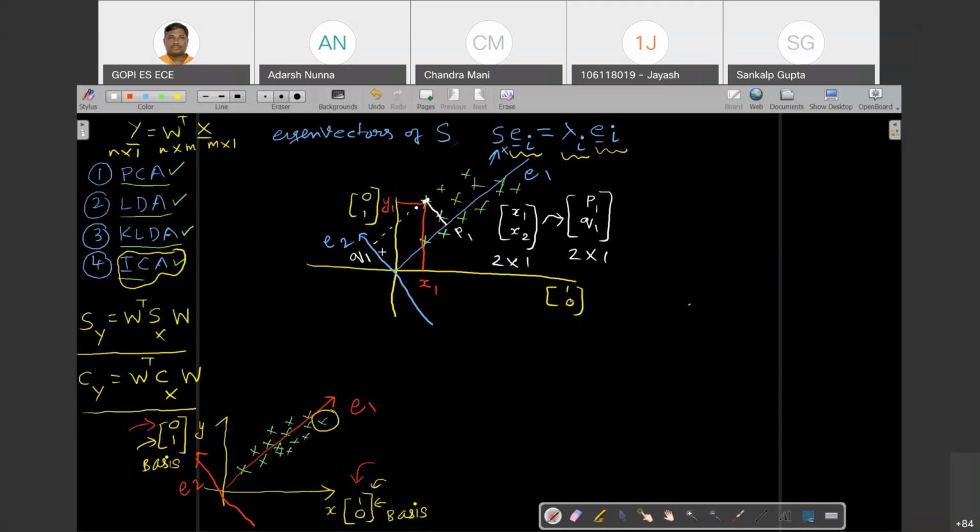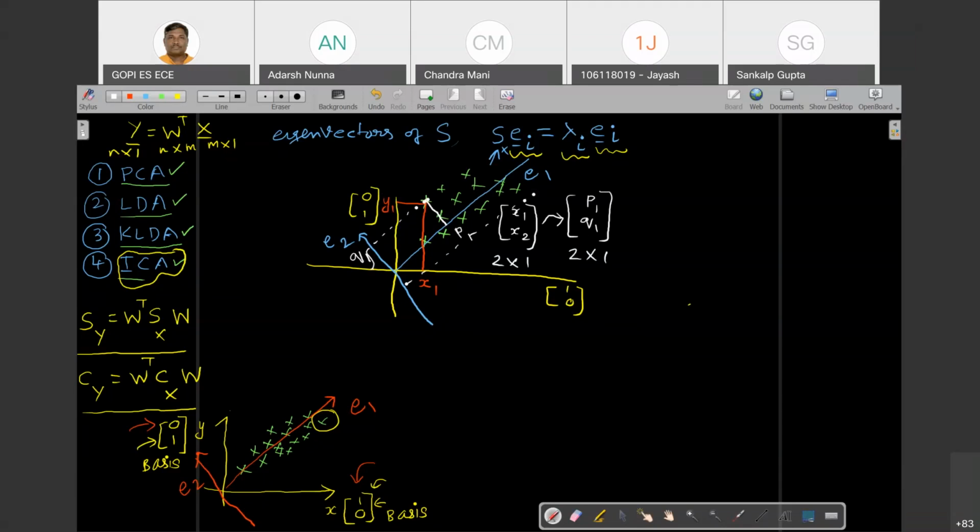But when you observe the value of Q1, that is the most interesting point. As far as this data is considered, along the eigenvector the values are bounded within this small range.